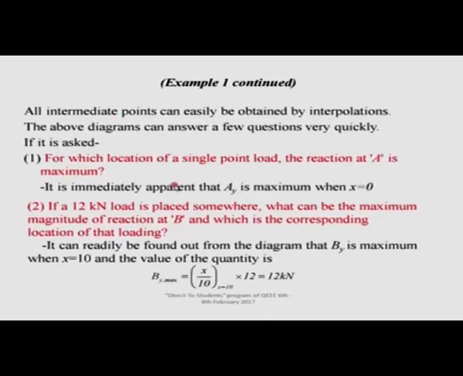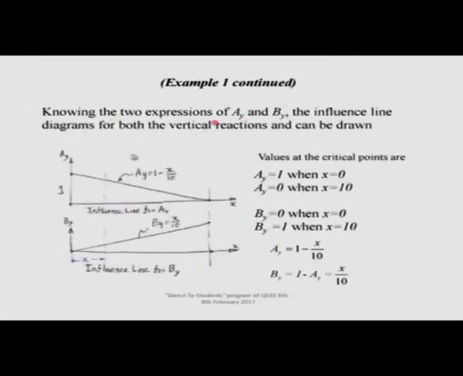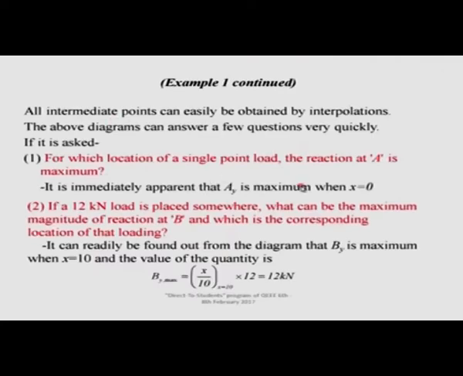First of all, if somebody asks me at which location of the single point load the reaction at A is maximum, it is immediately apparent from the diagram that the diagram goes positive and maximum here. So, it immediately says that from the influence line diagram it is clear that the maximum is when x equals 0, that means at the left end, correct, we know from statics.